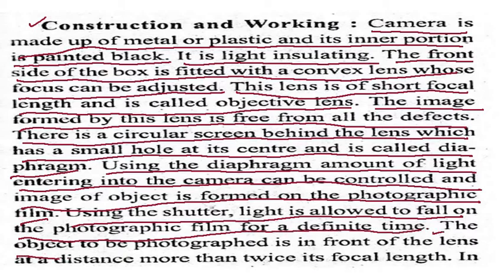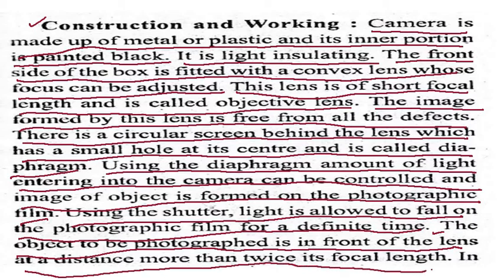The object to be photographed is in front of the lens at a distance more than twice its focal length. In this condition, a real, inverted and diminished image of the object is formed on the film. So it is the description and working of the camera.